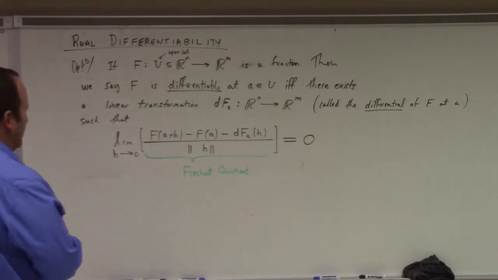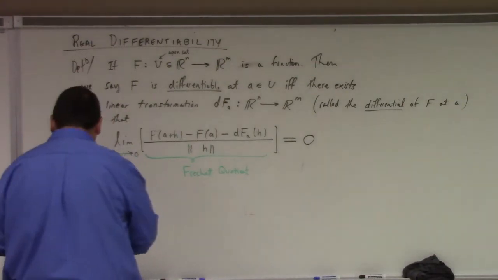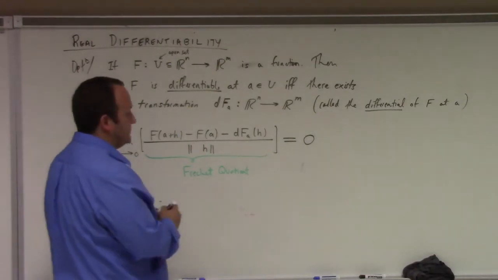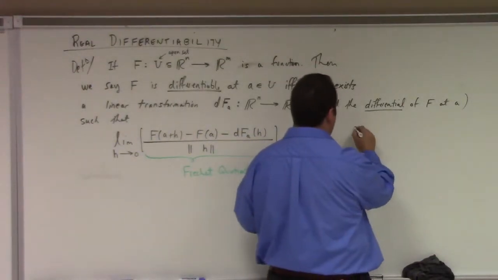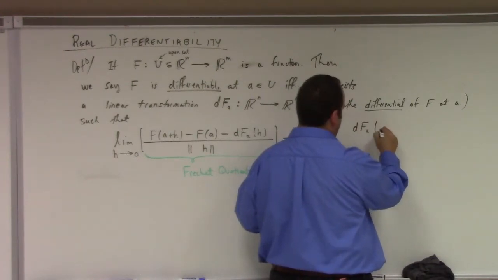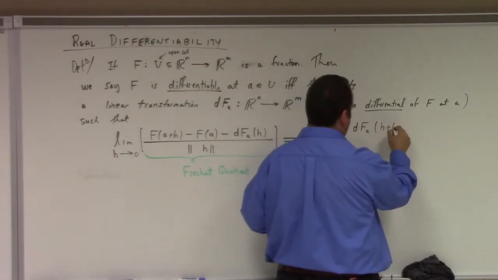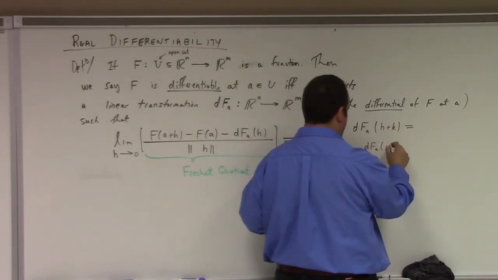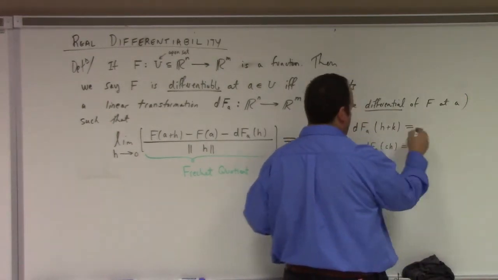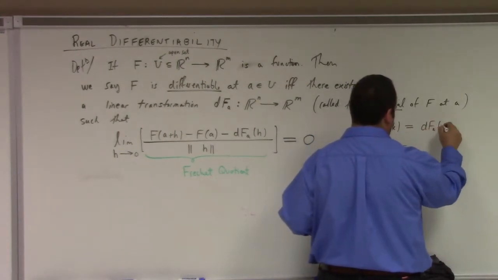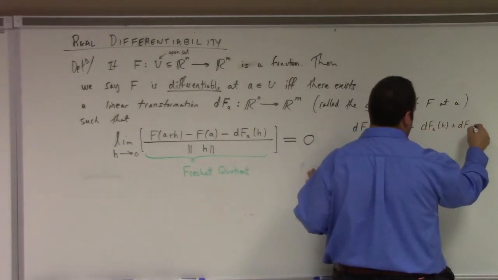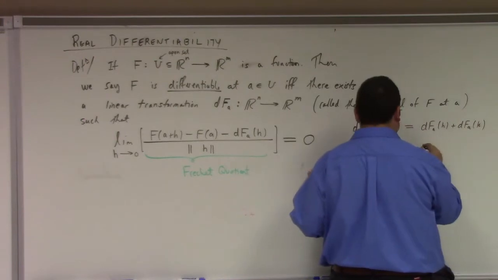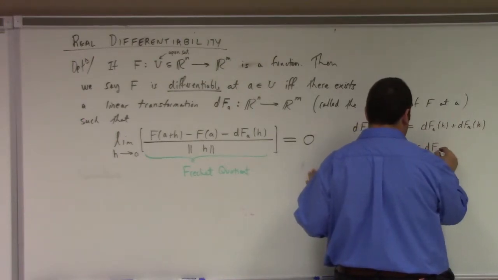What do I mean by linear transformation? What's that mean? That means we have the following. We have that dfa of h plus k is what? It's dfa of h plus dfa of k. We have additivity, and we can pull out constants. That's what it means to be a linear transformation.